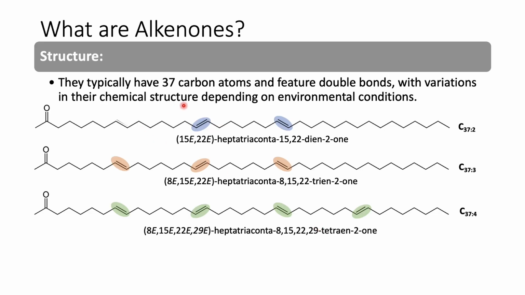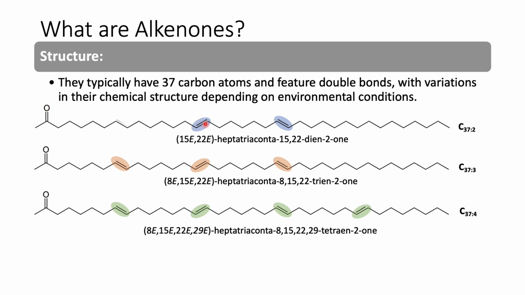Now here, what are alkenones? The 37 carbon units we have been talking about have double bonds. So what are the different double bonds? With 2 double bonds, it is called C37:2, that is 15E,22E-heptatriaconta-15,22-dien-2-one. So here at the second carbon, we have the ketone.